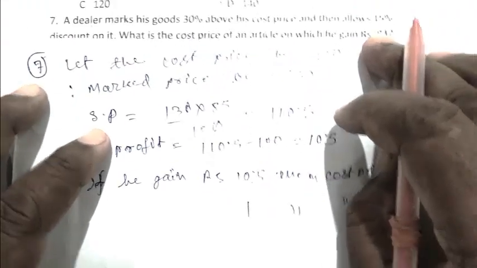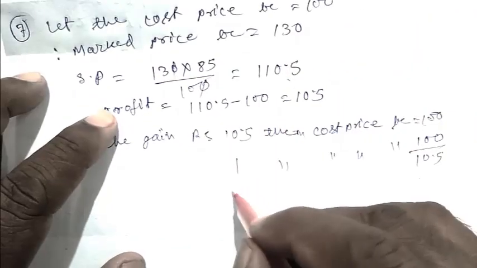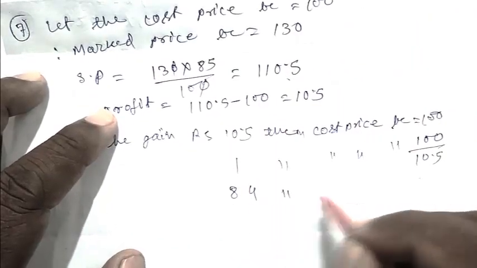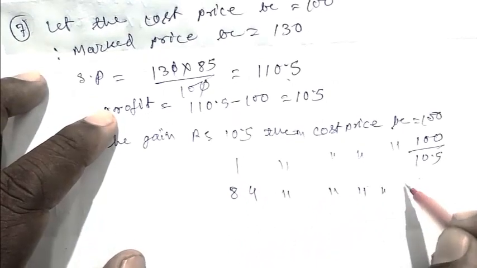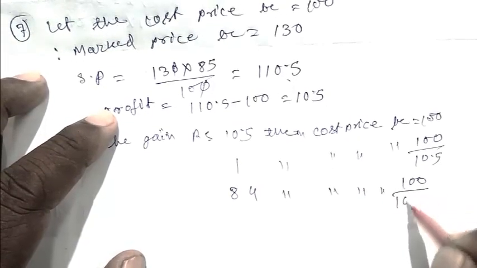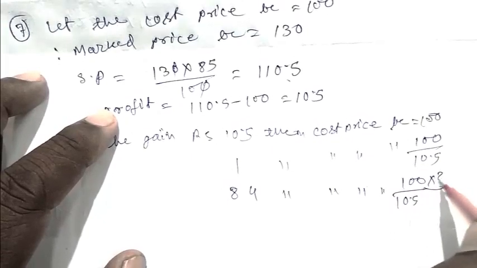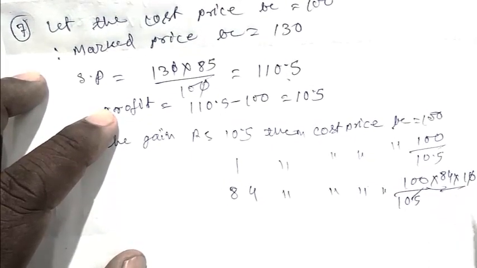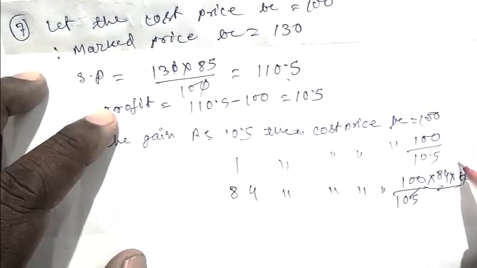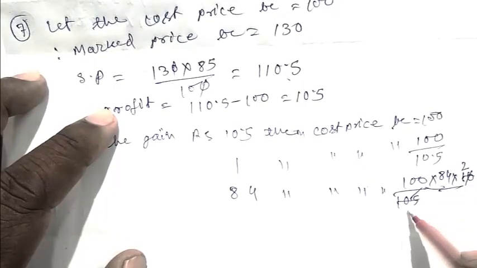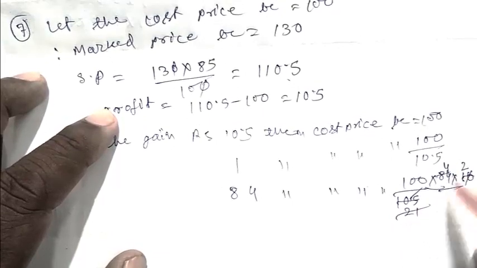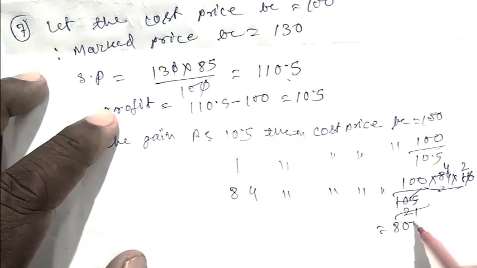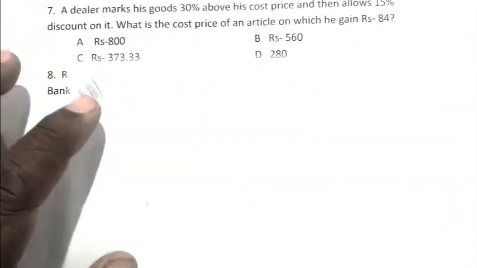If he gains rupees 84, then cost price is 100 by 10.5 into 84, eliminating the point 10 to 21, 4, so 800. So A is the right answer.